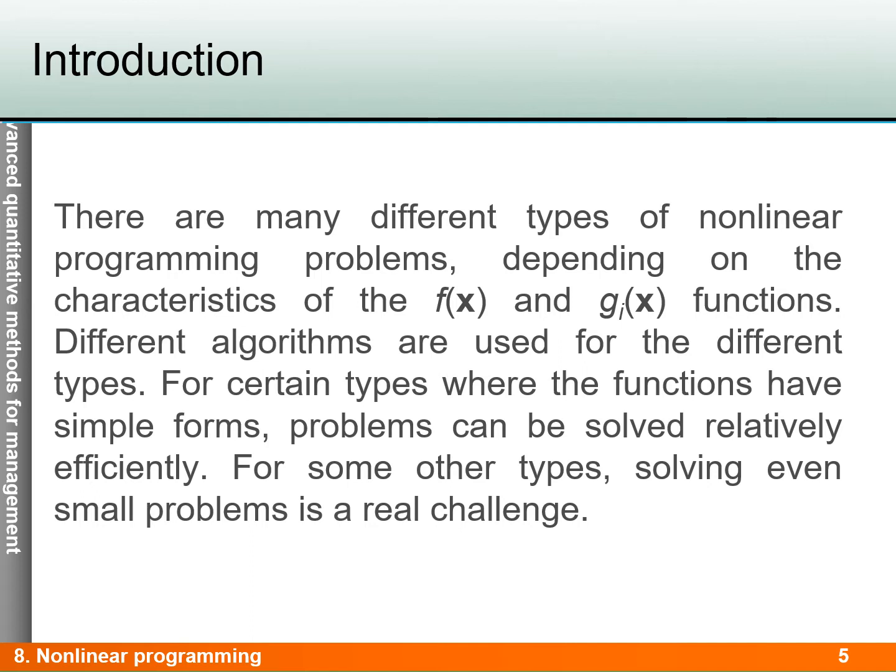Based on the types of f(x) and g_i(x), as you remember from the previous slide, one is the objective function and the other is the constraint of that problem. Based on their types, in some examples we don't have any constraints, we just have the objective function, and we name them unconstrained. In some of them, only the objective function is nonlinear and constraints are linear, and in others it is vice versa.